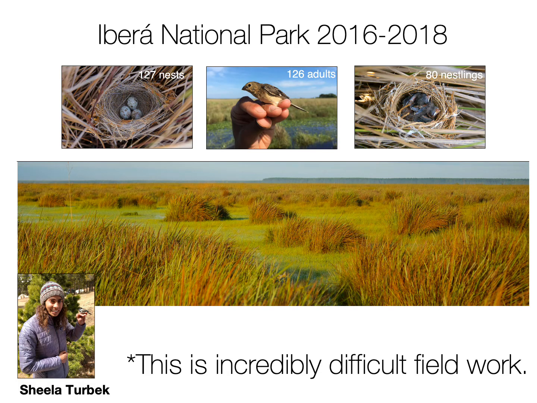So Sheila conducted some really incredibly difficult field work in Ibarra National Park between 2016 and 2018, wherein she sampled 127 nests, 126 adults, and 80 nestlings. It's hard to overstate how hard it is to find the nests. There's a lot of nest predation, so even if you find the nests, they might disappear before you can sample the chicks. And so this really was an amazing amount of work, and it really paid off.